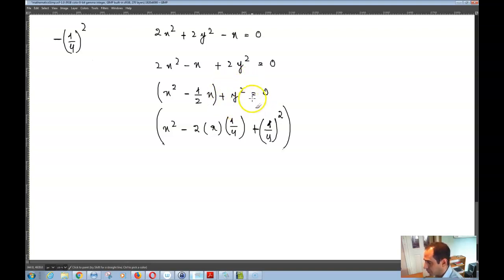Now the second part is, for example, you can write y squared plus, for example, 2 times y times 1, for example, that I can do, and then add a 1 squared over here, but then I have to subtract the 2y and subtract the 1 over here as well.